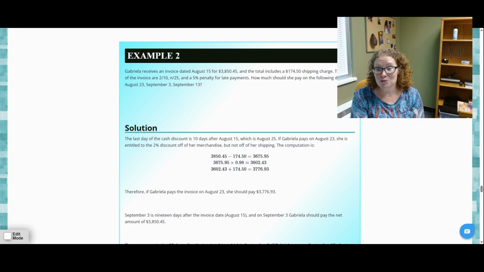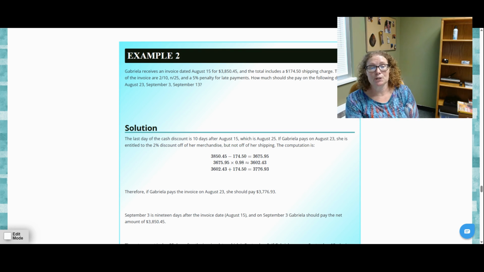If she paid on the 23rd, she gets the 2% discount. If she pays on the 25th, she does too. So we look at that 2% discount, and again, we're looking at the complement, which is 98. We are remembering to subtract the shipping charge first and then add it back in.